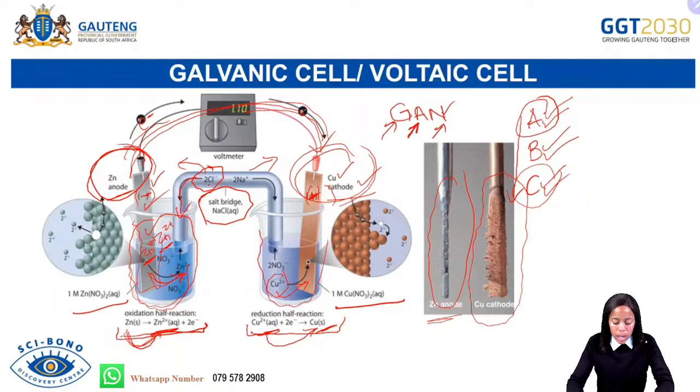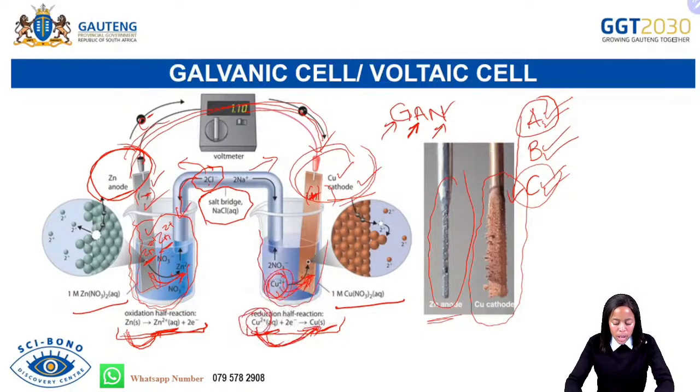And then now when it comes to the copper, which is our cathode, what is going to happen? The Cu2+ ions are going to move from the solution to the solid. So the Cu2+ ions are moving from the electrolyte to the electrode. As that is happening, we are going to have a decrease in the number of what?